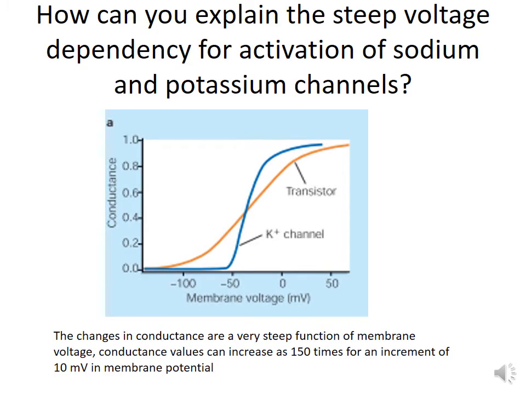The response to change in transmembrane voltage is very steep. If you look at the voltage dependence for some of these potassium channels, you can see a very steep voltage dependence, because the channel stays closed from minus 100 to about minus 50, and when the cell is depolarized by very few millivolts, these channels transition from the closed to the open state very quickly, and then most of the channels are open with very few millivolts of change.